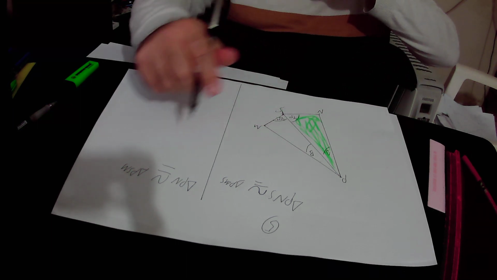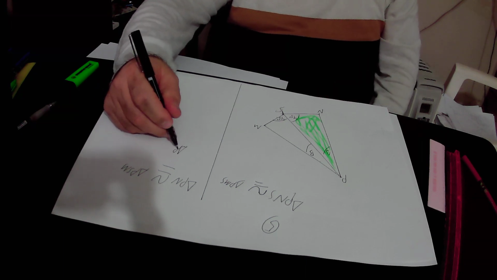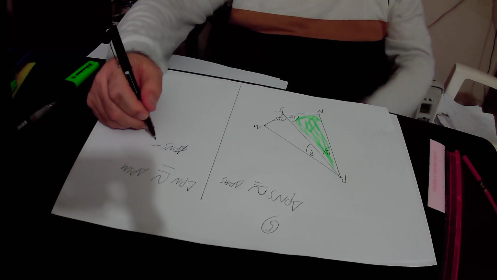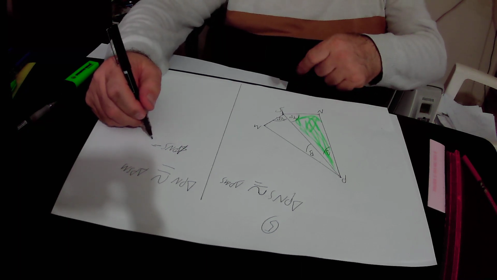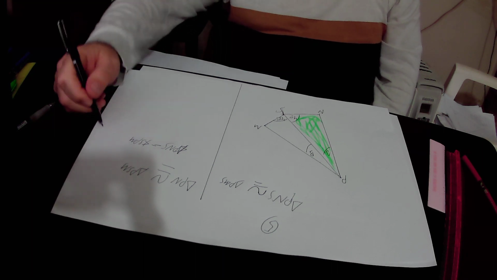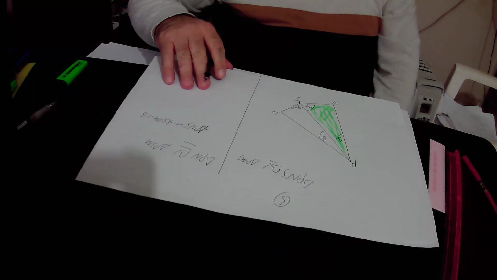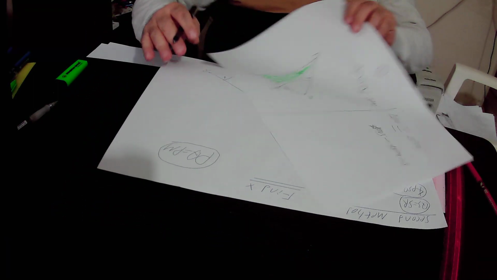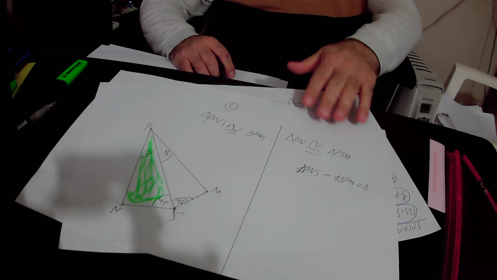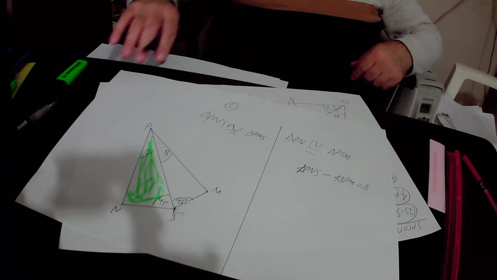So angle PNS of the green triangle is equal to angle SPM, and both angles are equal to beta. I'll repeat again. Angle PNS of the green triangle is equal to angle SPM of the white triangle, and both angles are equal to beta.